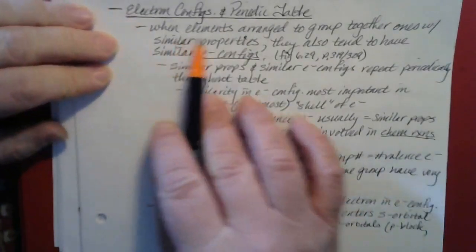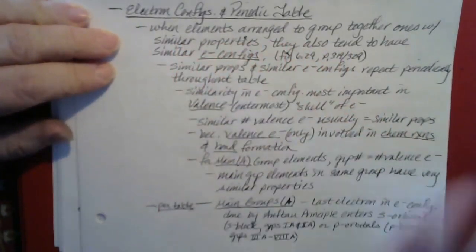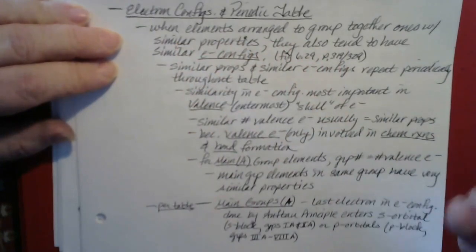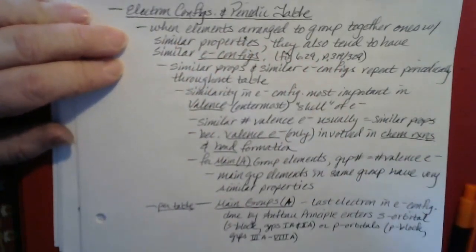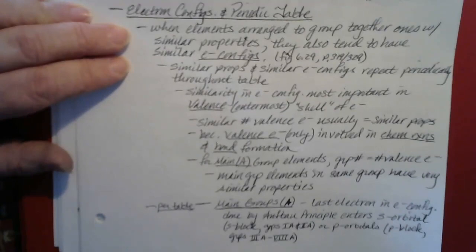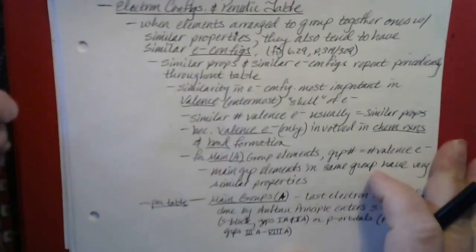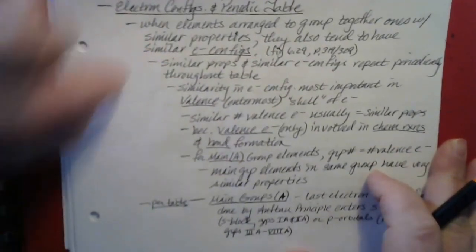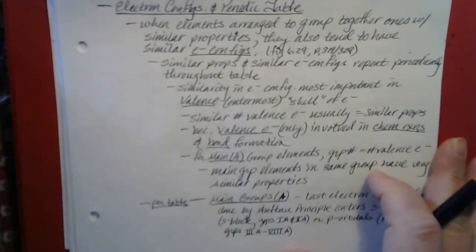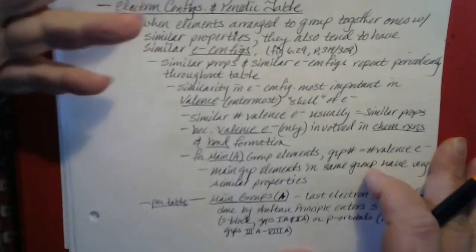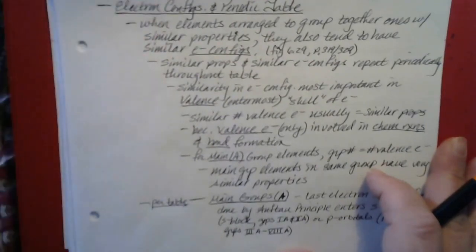Okay, so as I said before, when Mendeleev arranged the known chemical elements at the time so that the elements with similar properties were in vertical columns, one atop the other, with the lightest ones on top and the heaviest ones on the bottom, he didn't know at the time, but it turned out that he was also arranging the elements according to electron configuration, particularly according to the number of electrons in the outermost shell, which, as I mentioned before, are the ones involved in bonding.